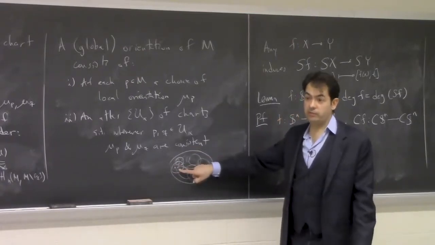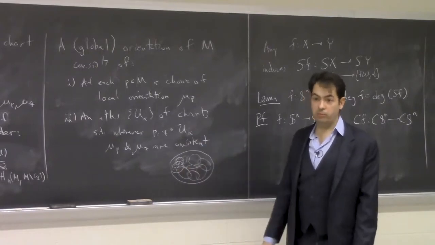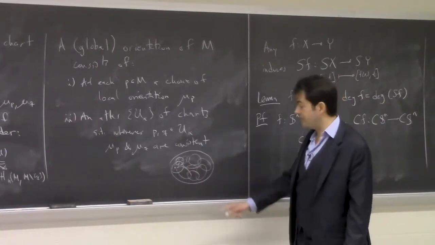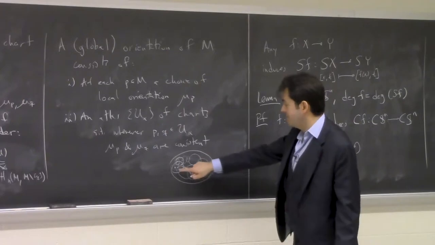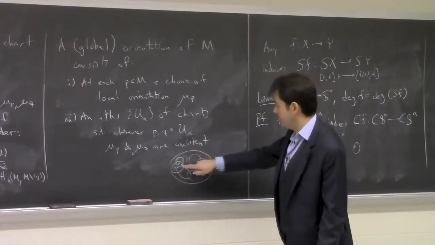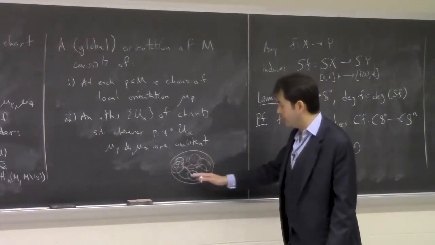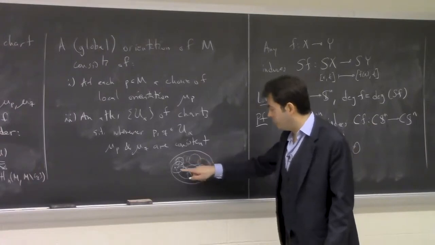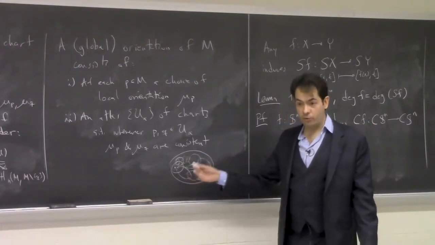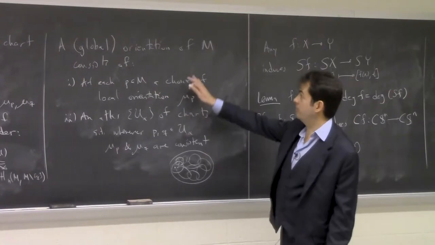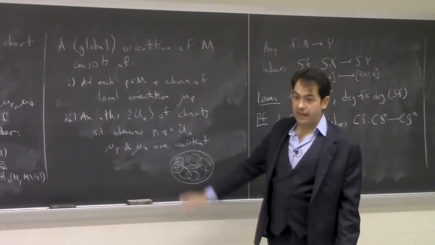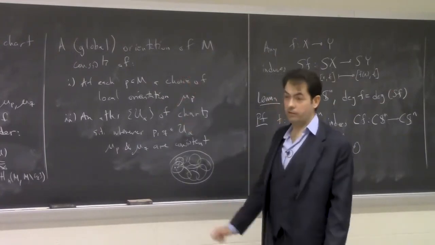That better be the same choice, or we have problems. So if you can choose the charts so that every time you come back around, you're back where you started, then the manifold is orientable, and if not, not.